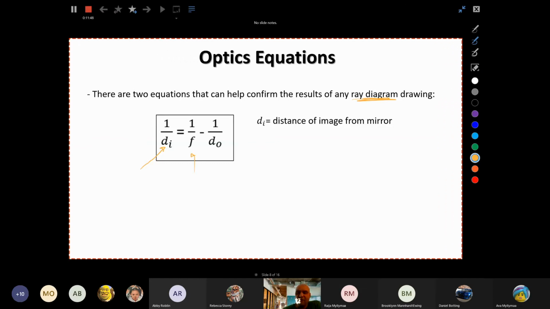This f is our focal point or focal length, so it's how far away from the mirror the focal point is. And again, this is all information I have to give you. For us to do these questions, I have to give you this and that, and I also have to give you the height of the object. There are always those three things I have to give you. If I don't give you them, you can't do the question.